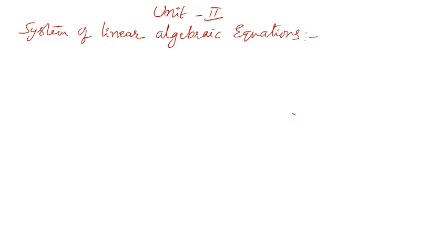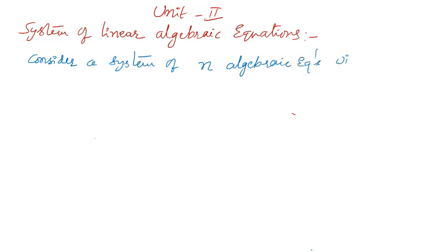Okay, in this one the first basic information: what is a system of linear algebraic equations? Generally consider a system of n algebraic equations with n unknowns, n equations and n unknowns.